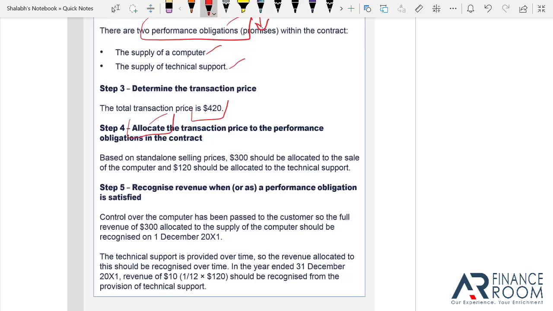You allocate this on the basis of standalone selling price. Now, that could have been anything. For the sake of easier calculation, the total given here is $420, so that it becomes easier for you to divide. But in the upcoming sums, it won't be the same. In general life, it's always higher.